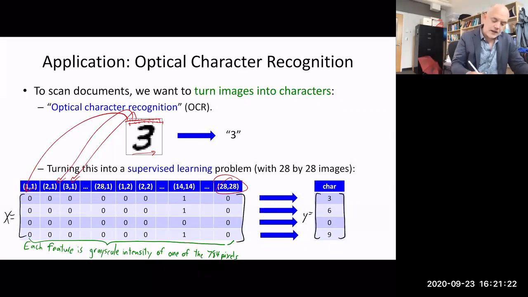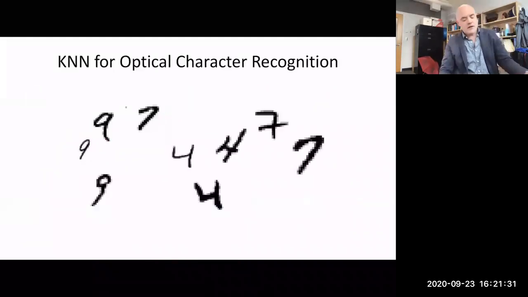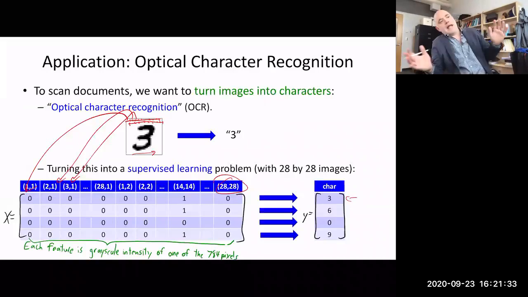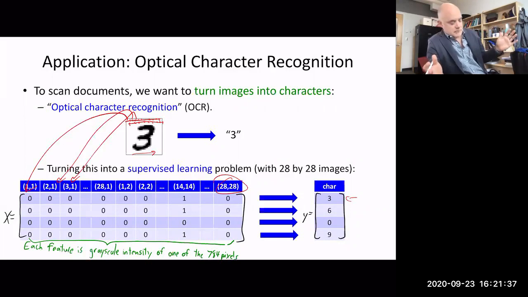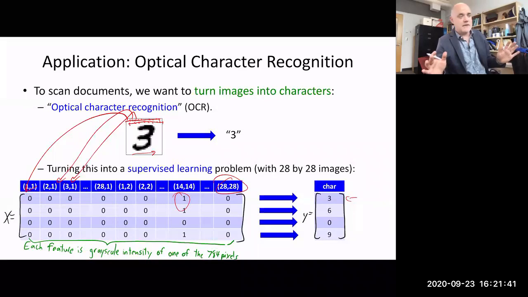And we have a label for each of them. This is not binary, but instead there are 10 different character classes here. That's fine. We can apply any of our techniques to this so far. We could apply naive Bayes, particularly if these are just binary feature values. We can do k-nearest neighbors, we can do decision trees, whatever.